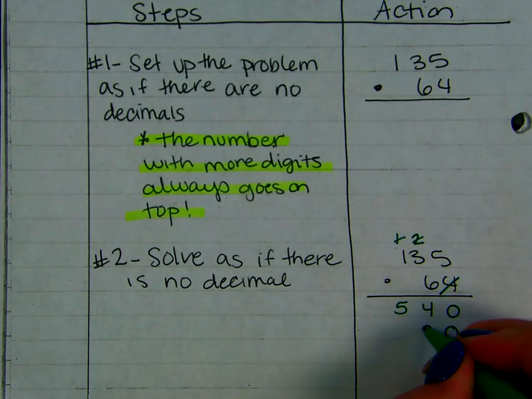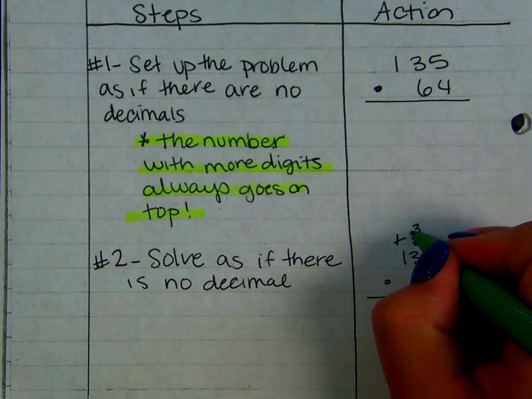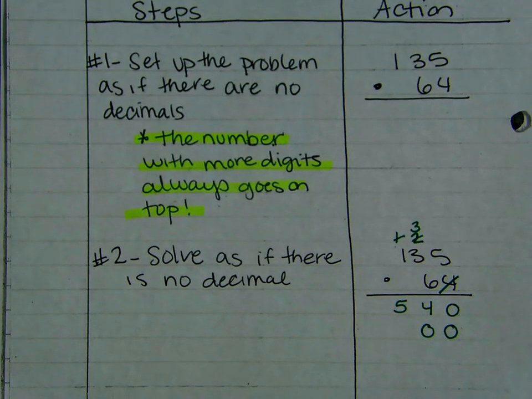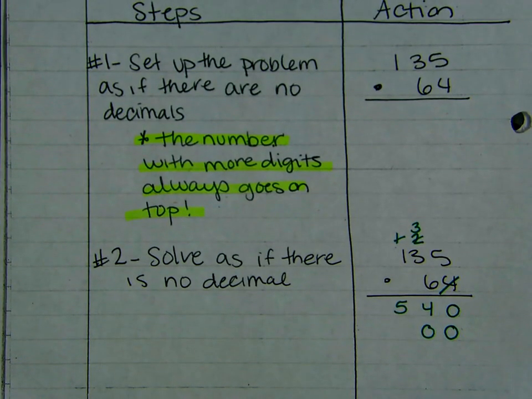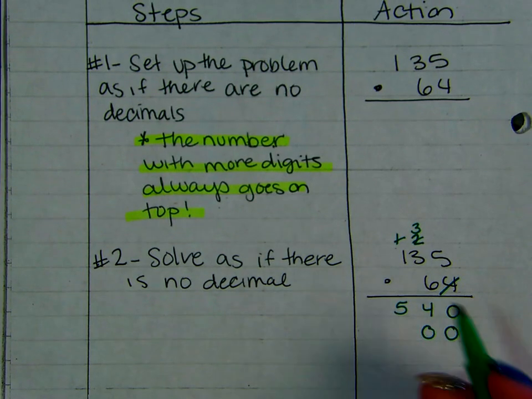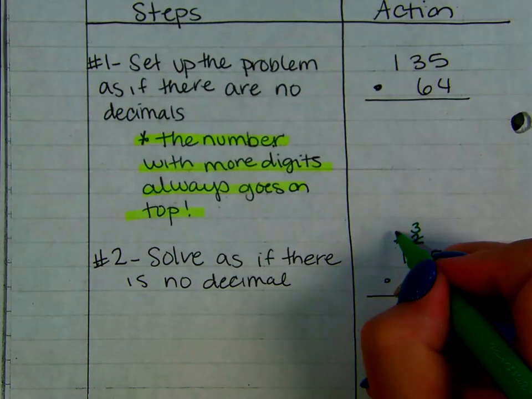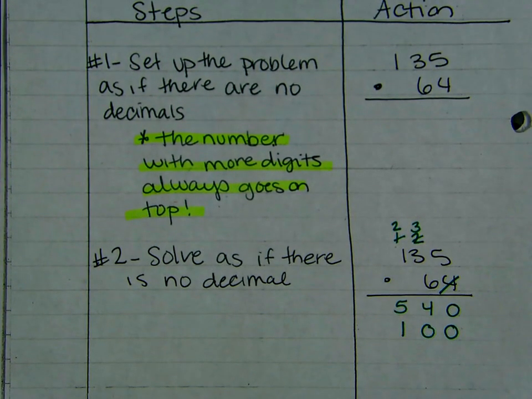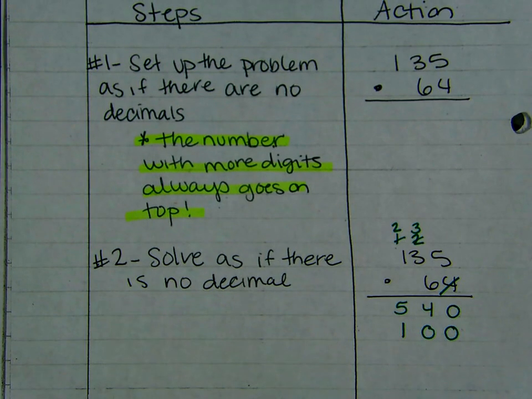So I'm going to bring down the 0, put a 3. I'm going to go 6 times 3, add the 3. That'll make it 21. So I'm going to bring down the 1, make this a 2 up here. I'm going to go 6 times 1, plus 2. You got it, 8.